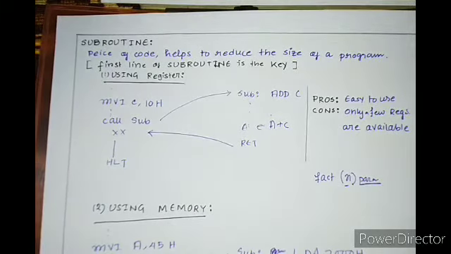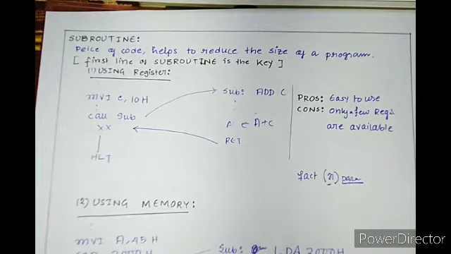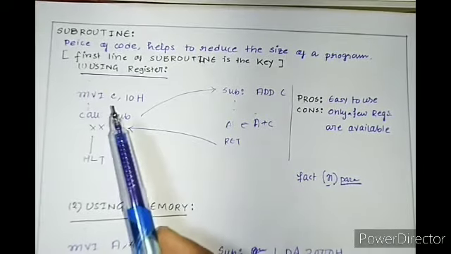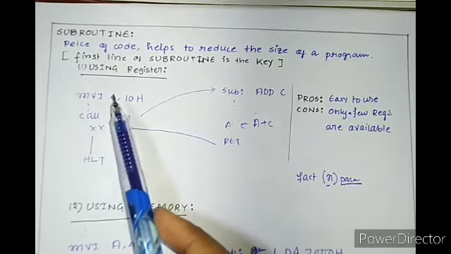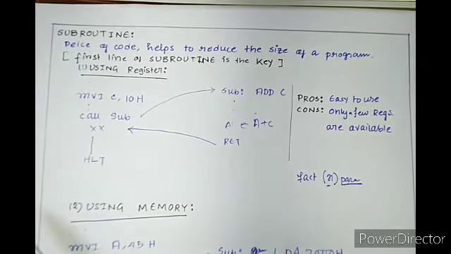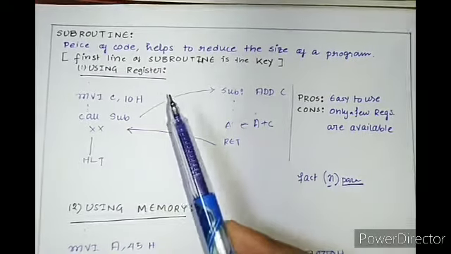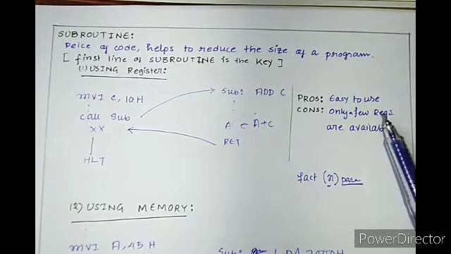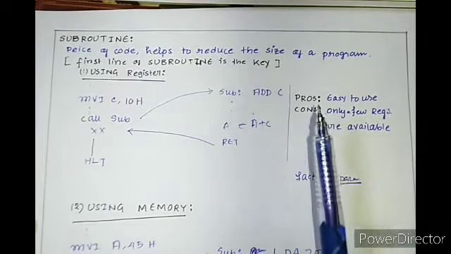What is the use of this? Here 10 is your parameter. You are sending your parameter using the register C, means you are already blocking register C just to send data, right?